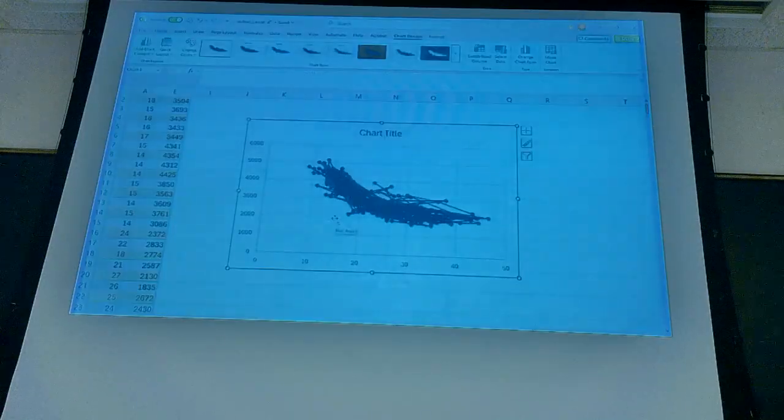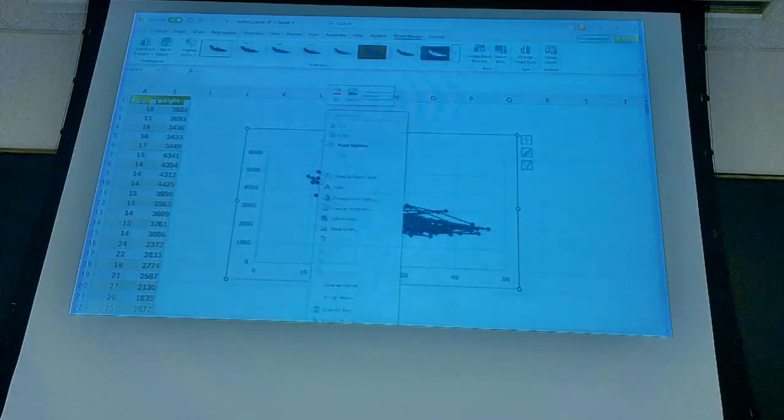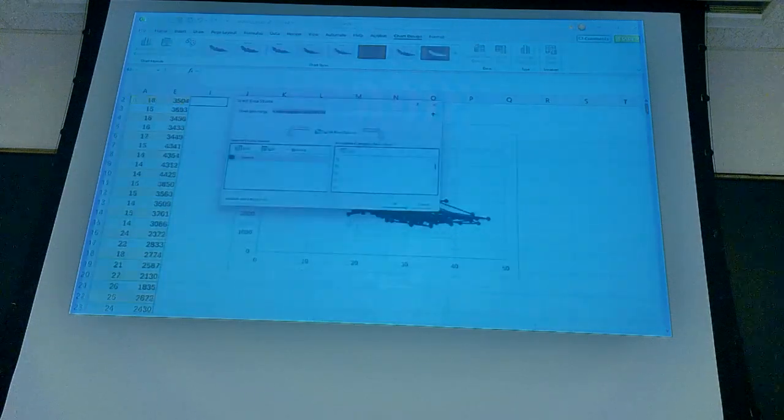No, except it still did MPG first. Why did it do that? Select data, switch from column. Oh, of course. No, there it is, edit, okay.